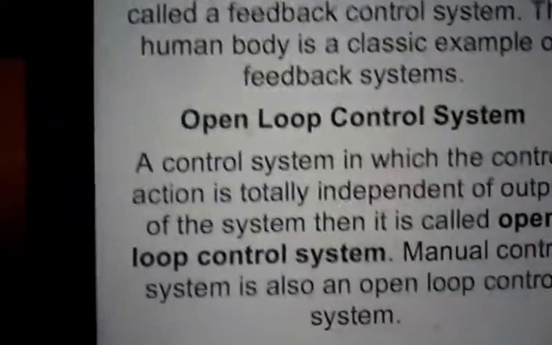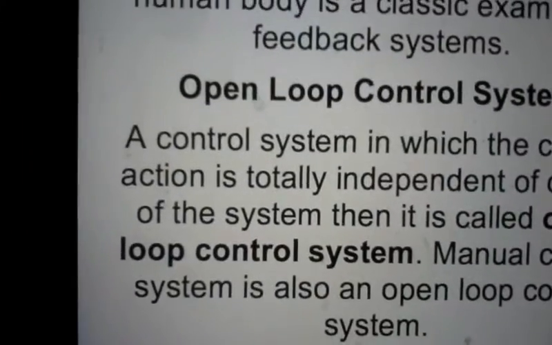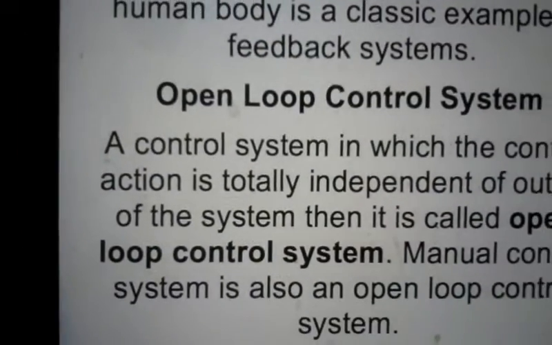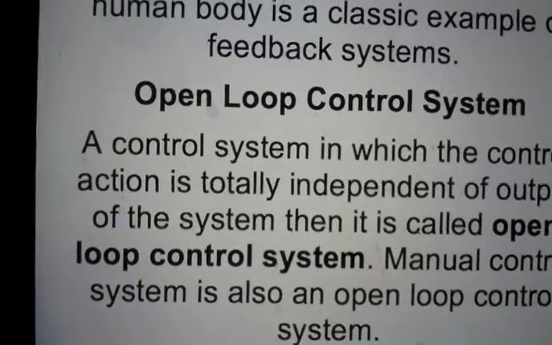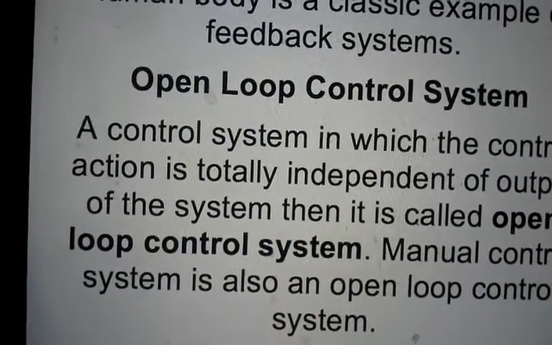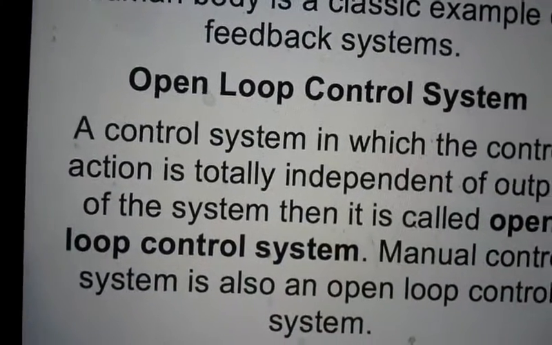Now let's continue. An open loop control system is a control system in which the control action is totally independent of the output of the system. An example of this would be the light in every single room that we have. In this case, the output would be the light and the input is the switch.